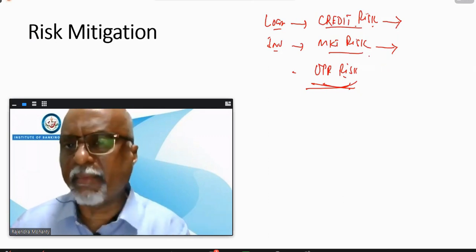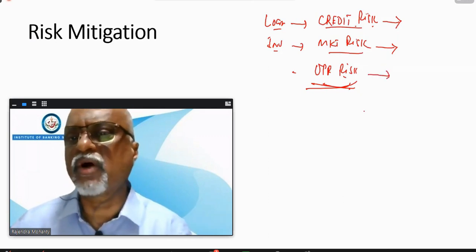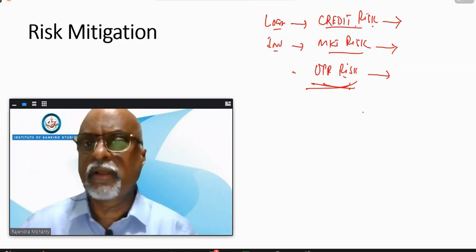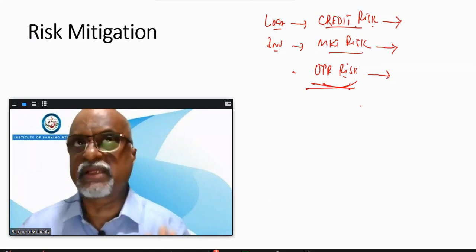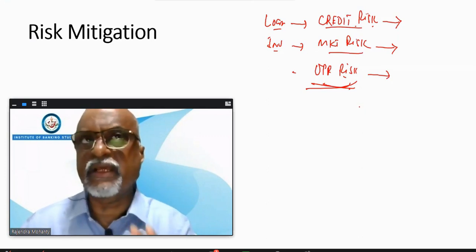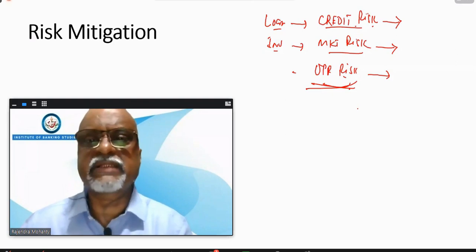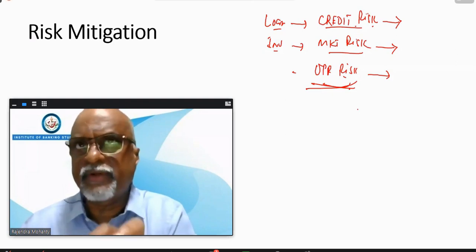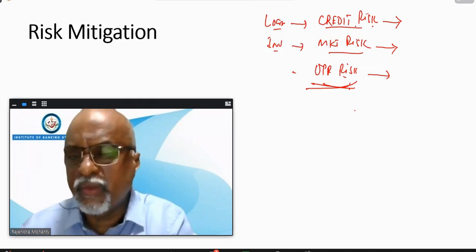So how to reduce the losses in credit risk? How to reduce the risk in market risk, and how to reduce the operational risk? Is there any other strategy available? That is what risk mitigation is.